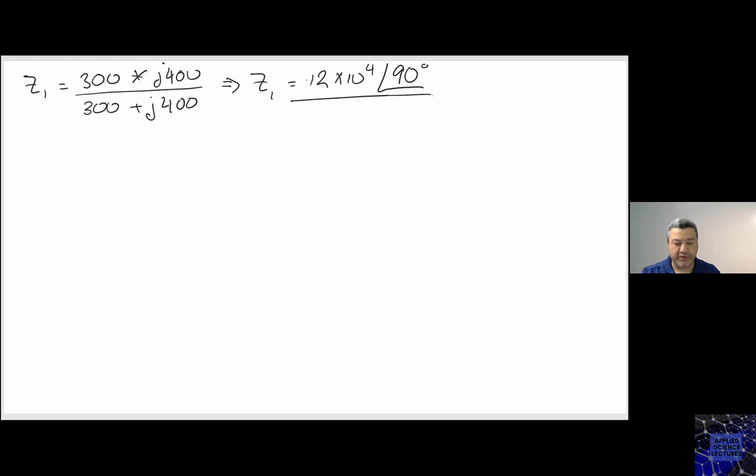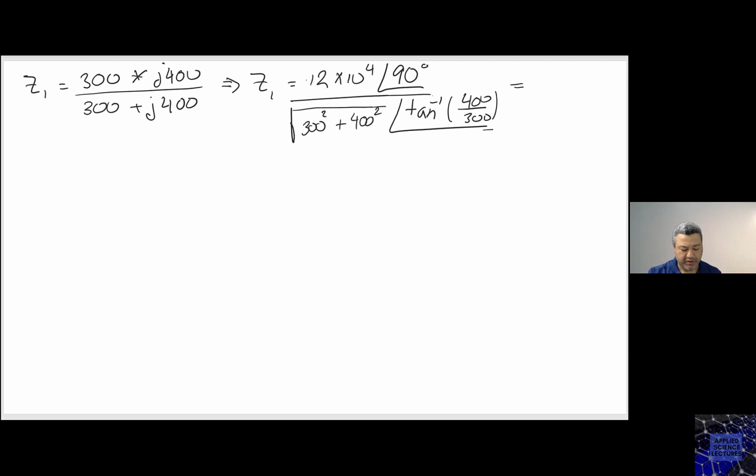I will convert the denominator to the polar. In this case, the magnitude is square root of 300 squared plus 400 squared, with tan inverse of 400 divided by 300.